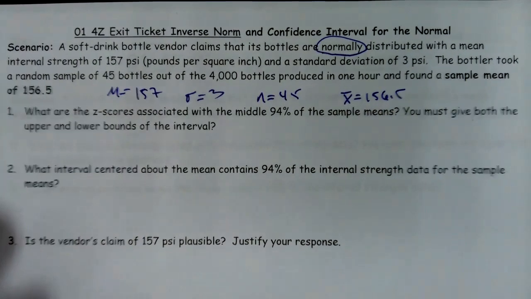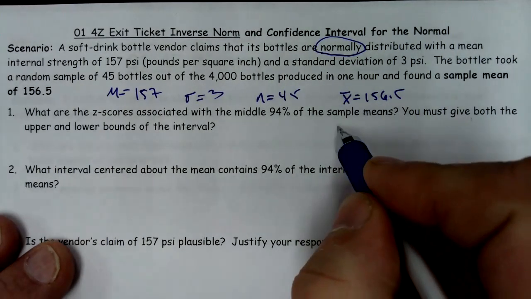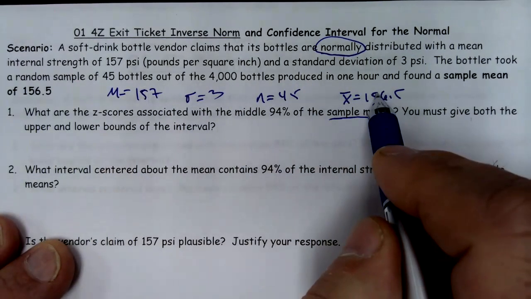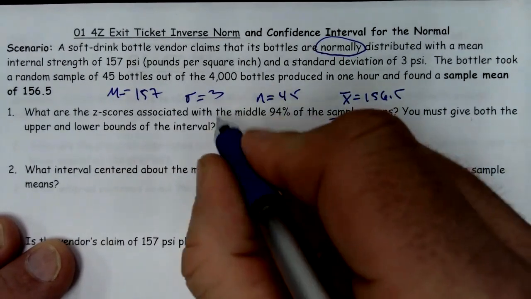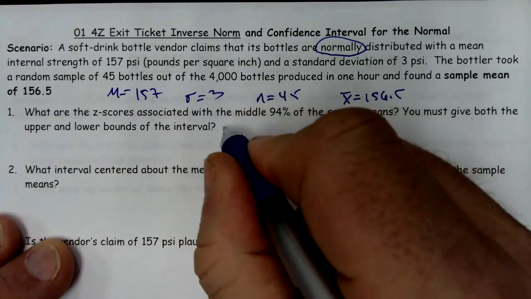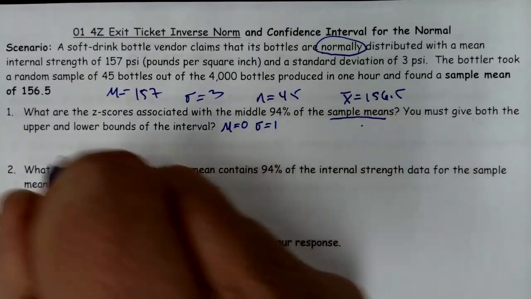It says, what are the z-scores associated with the middle 94% of the sample means? So not of the population, but of the sample means. But it says z-scores. Well, all z-scores, regardless, even if it's talking about the sample means, have a mean equal to 0 and a standard deviation equal to 1.